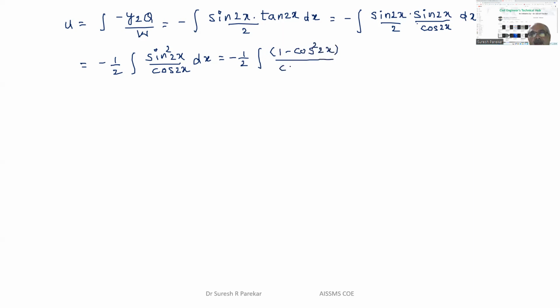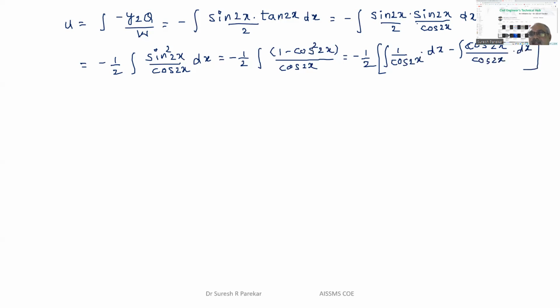Divided by cos 2x. And if we separate this, we get minus 1 by 2 integration of, we have two parts now, 1 upon cos 2x into dx minus cos square 2x upon cos 2x into dx.